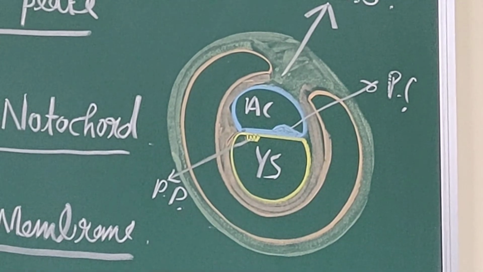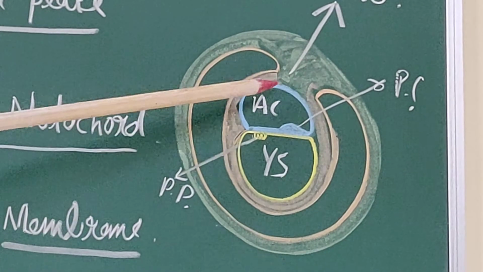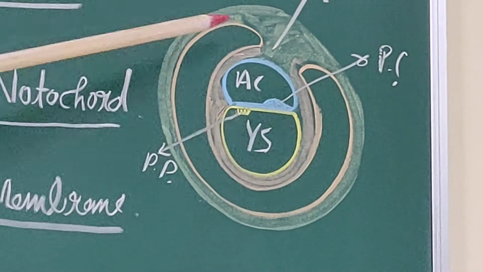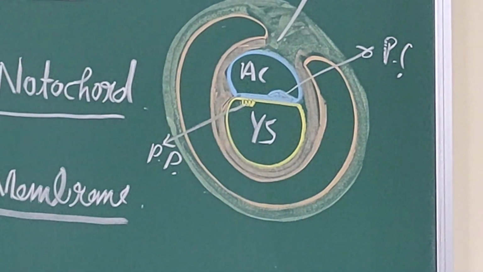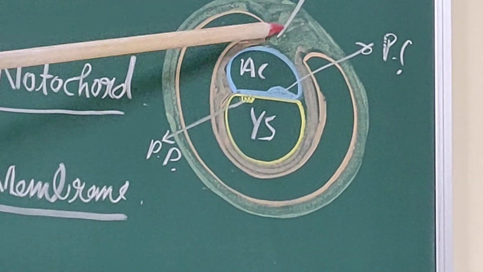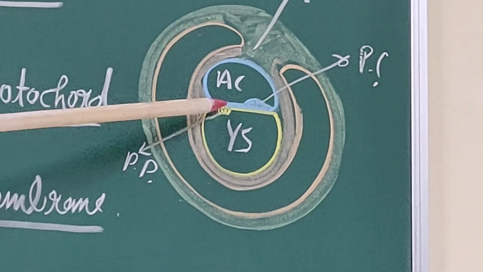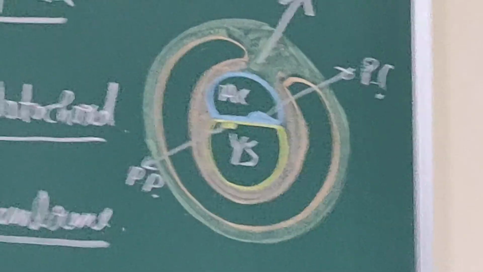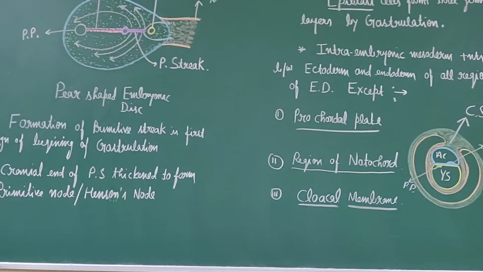In the second week, this embryonic disc along with the amniotic cavity and this yolk sac is suspended into this cavity. This cavity is the extra-embryonic coelom, that is, the chorionic cavity. So this is the position of the connecting stalk. Now, as the size of this embryonic disc increases, it becomes pear-shaped.